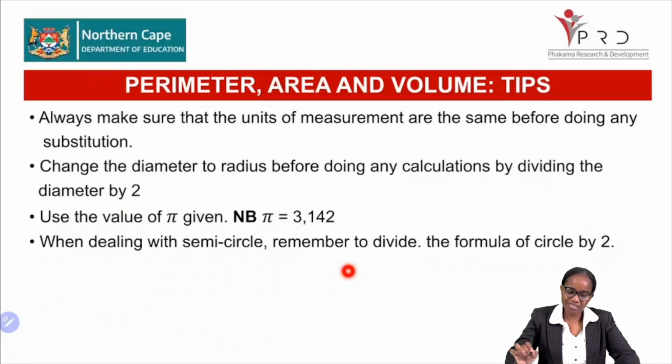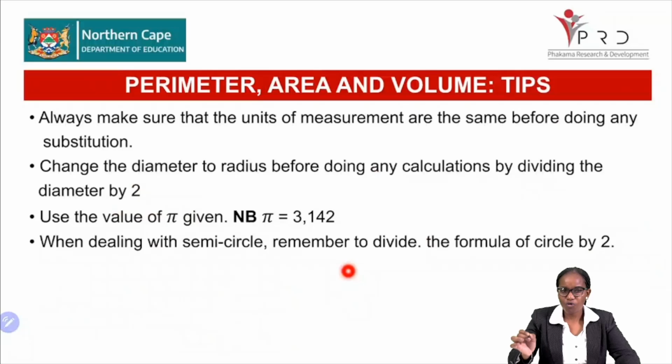Change the diameter to radius before doing any calculation by dividing by 2, because most of our formulas have radius. So to substitute in a manner that will not confuse you, change whatever is given as a diameter to a radius.